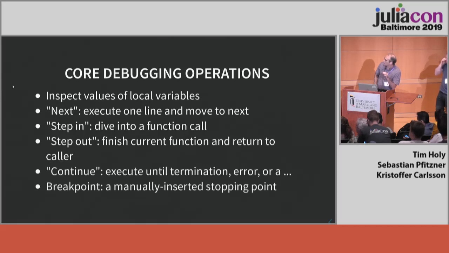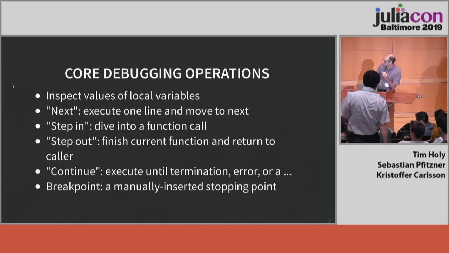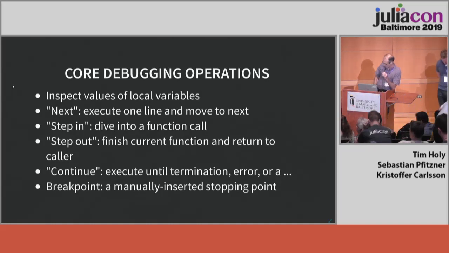And then finally, you'd like to be able to run a block of code without interruption, maybe until it finishes or there's an error, or you insert something called a breakpoint, which is a manual stop where you've said, please stop here. And those can be either unconditional or conditional, meaning they might only happen under certain circumstances. So this is the core functionality that most debuggers should implement.